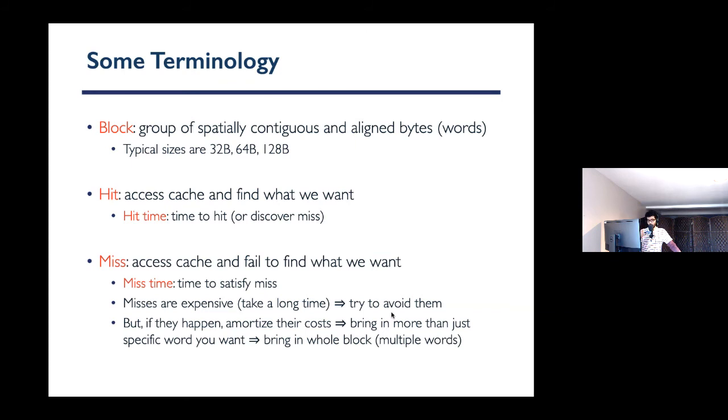If it ends up that you need them, good. But if it turns out that you really didn't need them, you basically wasted memory bandwidth, and you also wasted cache capacity because you brought them and they occupied precious memory that could have been used for other data.